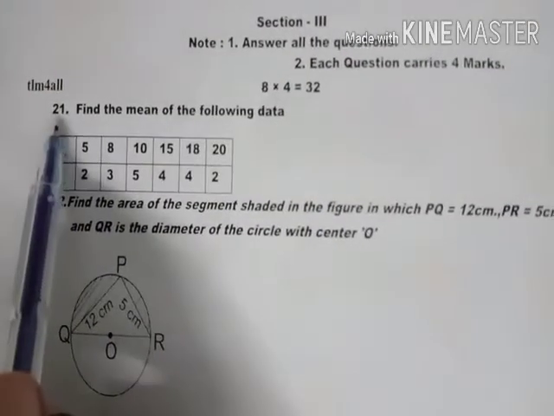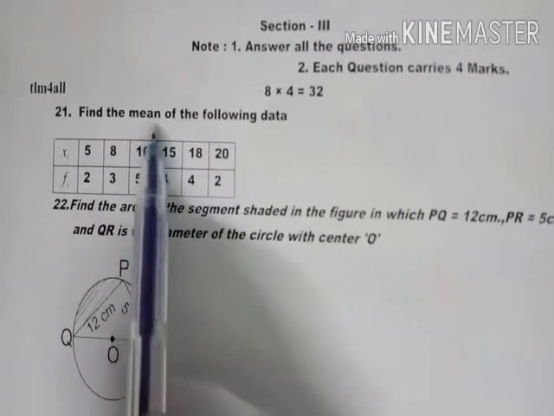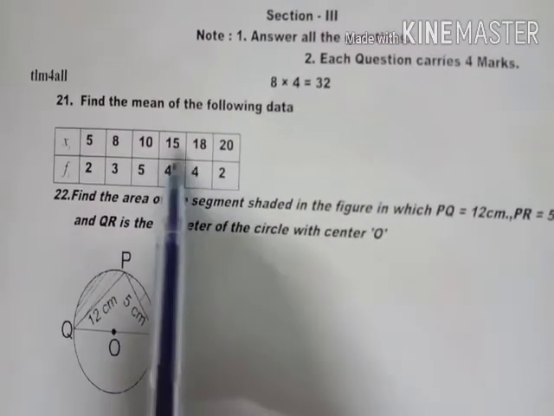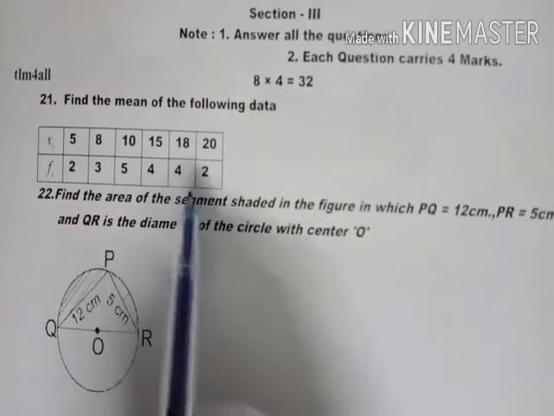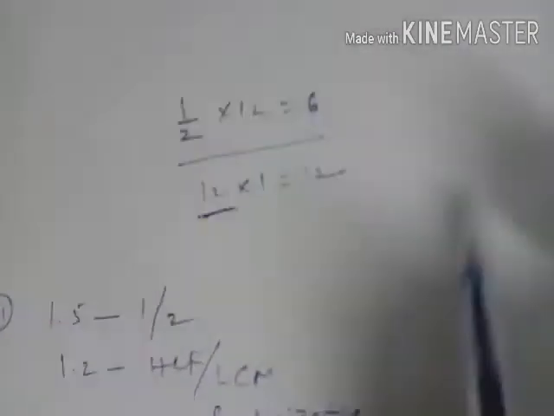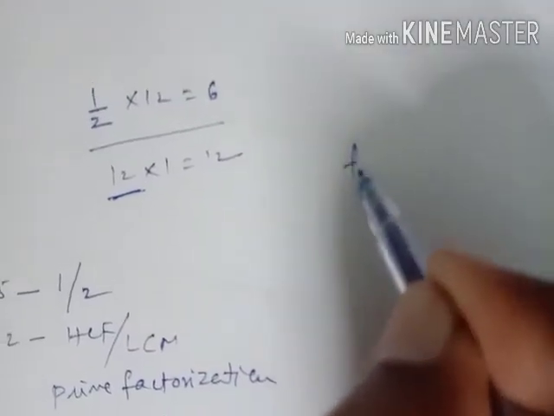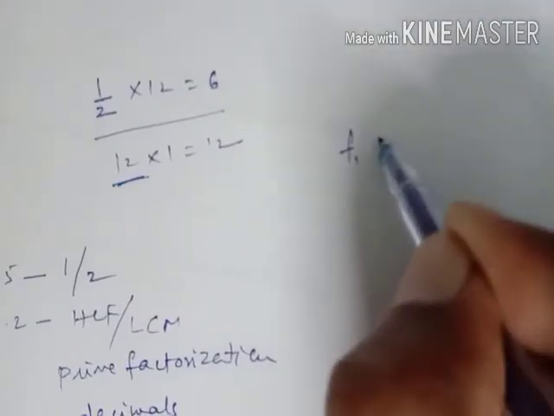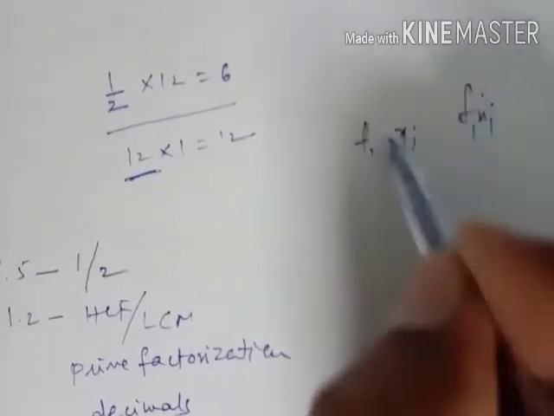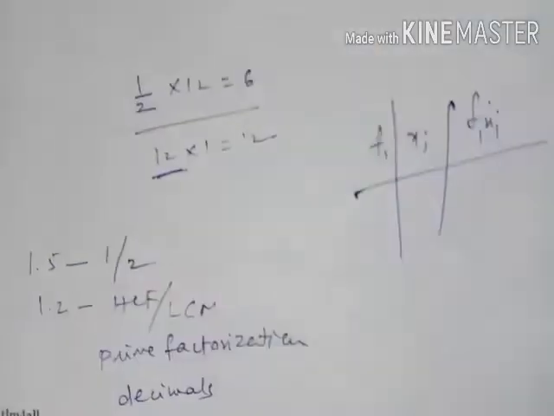In the 21st question here we got a question on statistics. So we need to find the mean for the given data. So we can calculate like this: frequency and x of i and f of i, x of i. So we are using simple mean, will get easily.